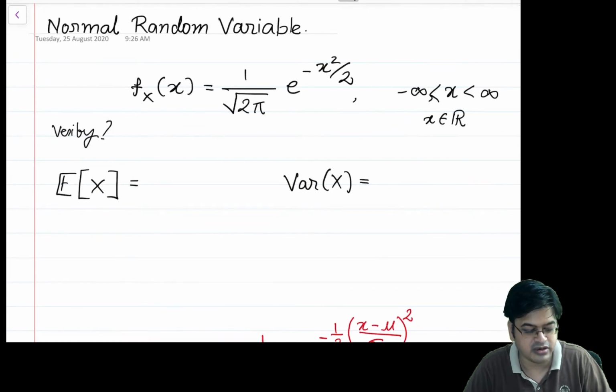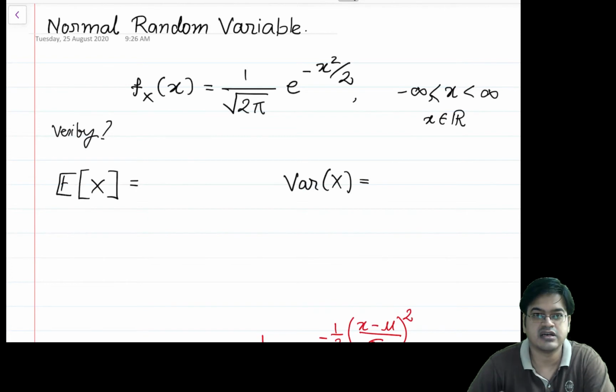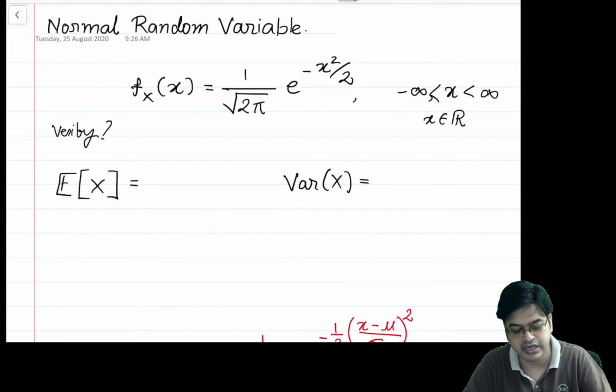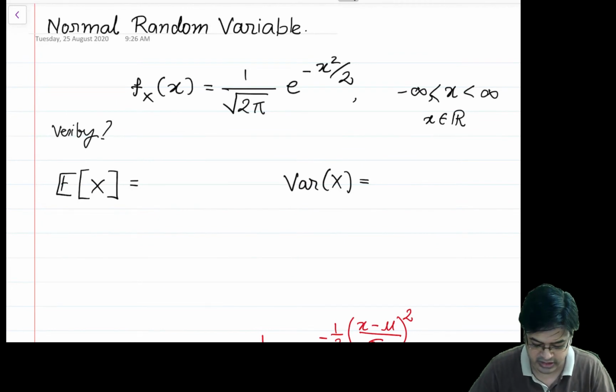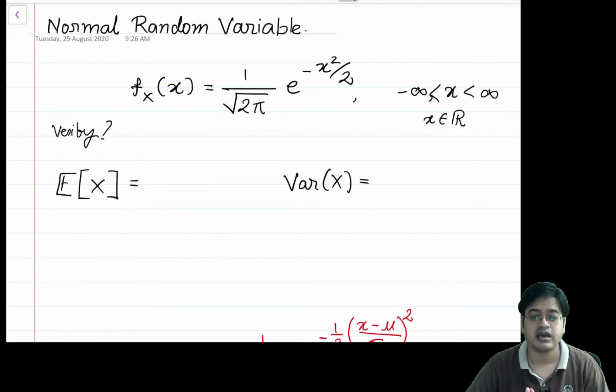Did you come across such a function anywhere? If you have studied physics, it will come up as Gaussian noise. So this e raised to minus x square by 2 will come up as a noise factor. It has a very interesting motivation when you consider a sum of independent identically distributed random variables having some fixed mean and some fixed variance.